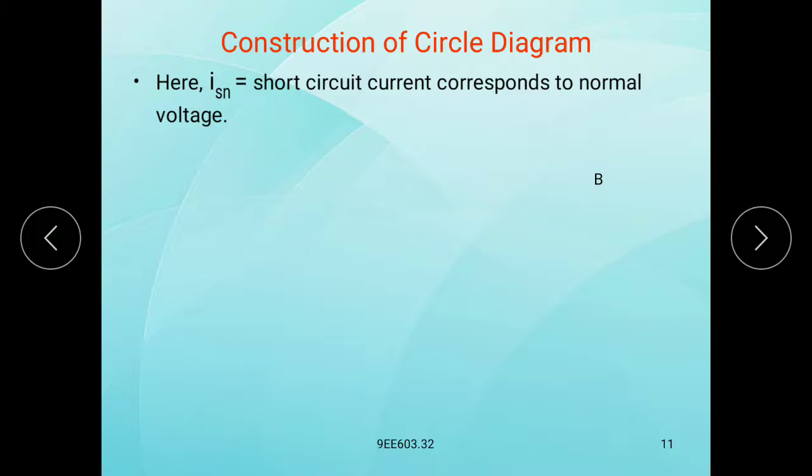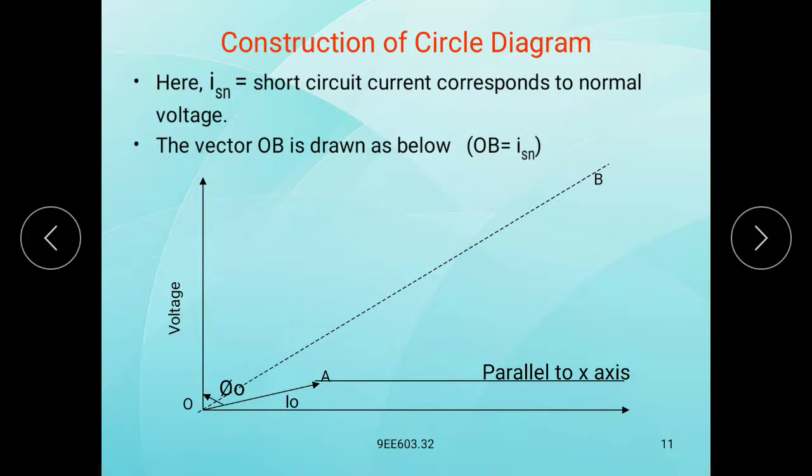Here ISN is the short circuit current corresponding to normal voltage. The vector OB is drawn as below, OB equal to ISN.